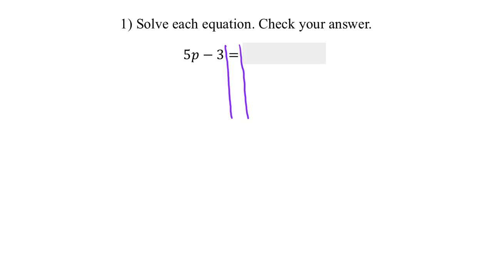There's no distribute, there's no combine. Well, now I want to look at the right side by itself. Any distribute? No. Any combining? Yes. That's what we need to do first. So we are going to combine like terms.